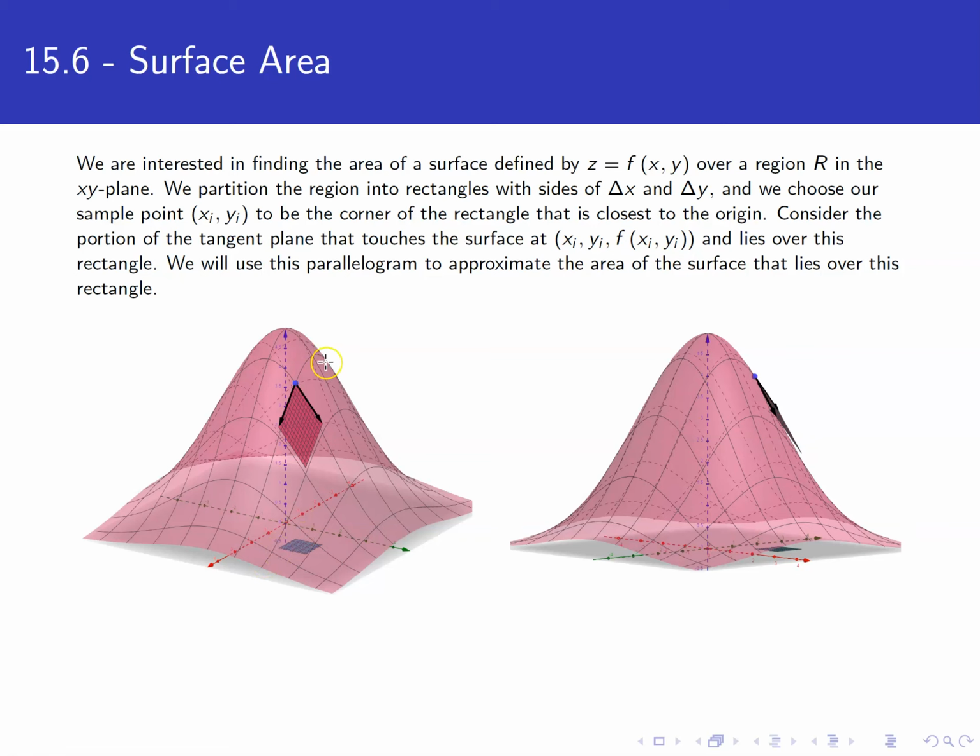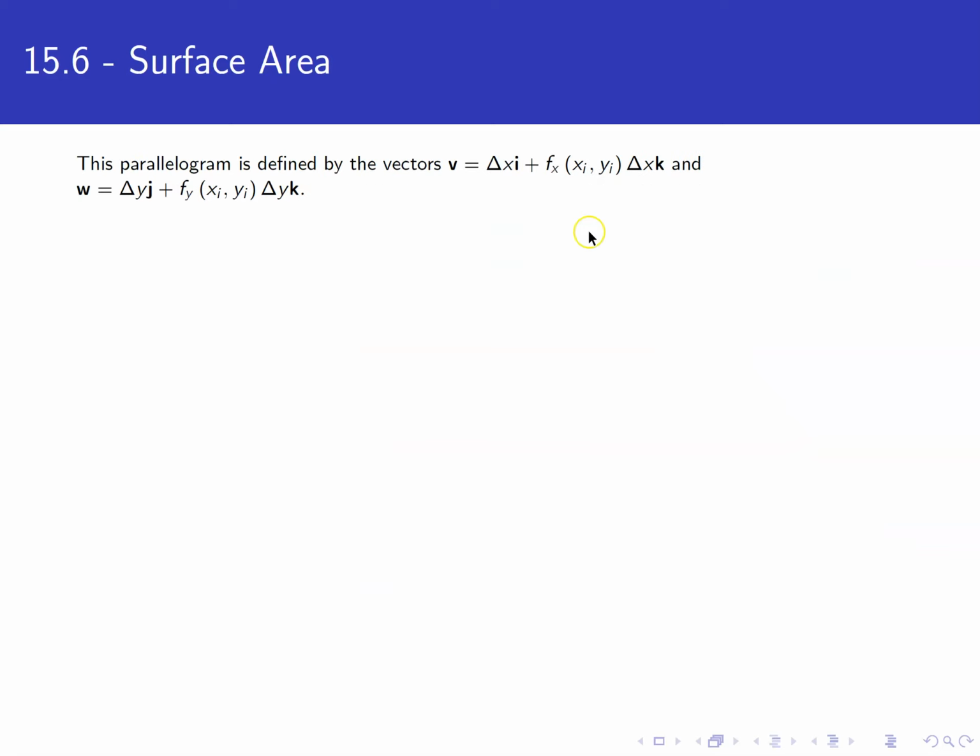We get a curve that we can figure out a tangent line to by just using the partial derivative with respect to x, because that's in the x direction. We move delta x in that direction, so the z coordinate will move the partial times delta x in the z direction. Likewise, we can find the other vector that defines that parallelogram by looking at the tangent line in the y direction, again using our partial derivative with respect to y as the slope of that line.